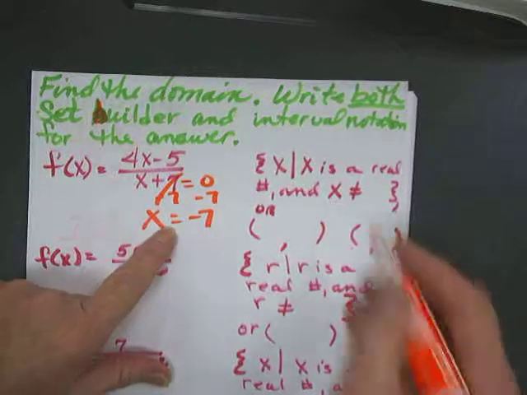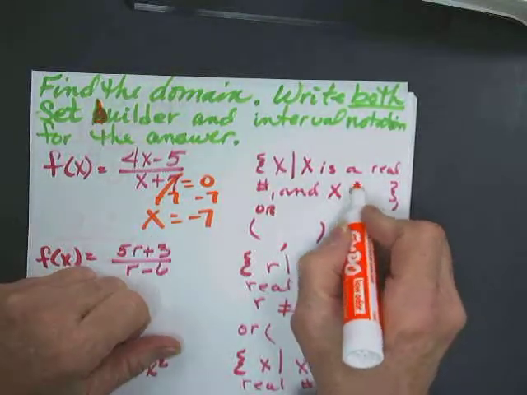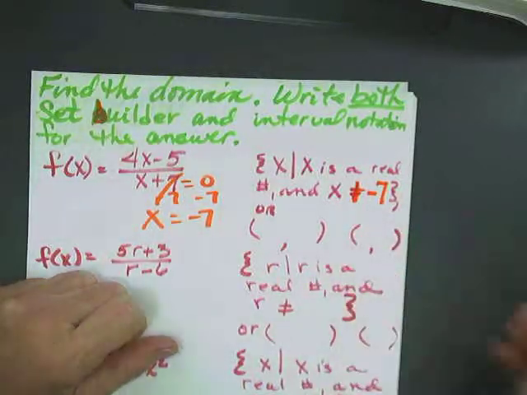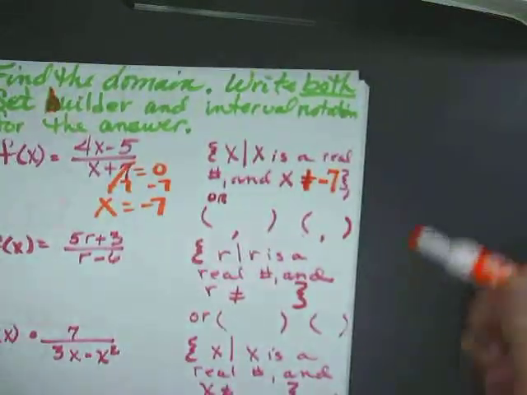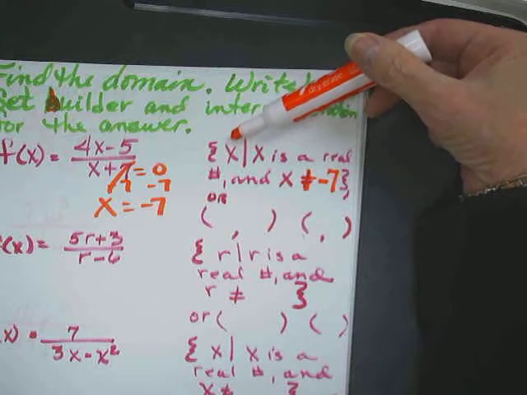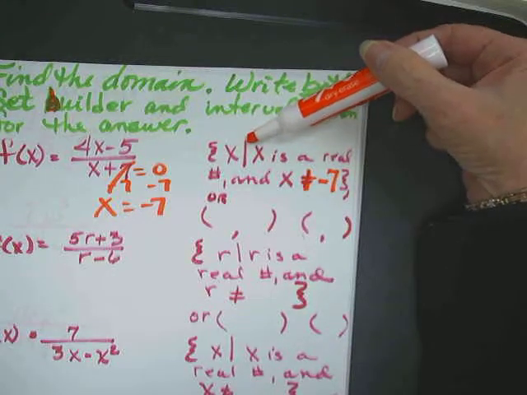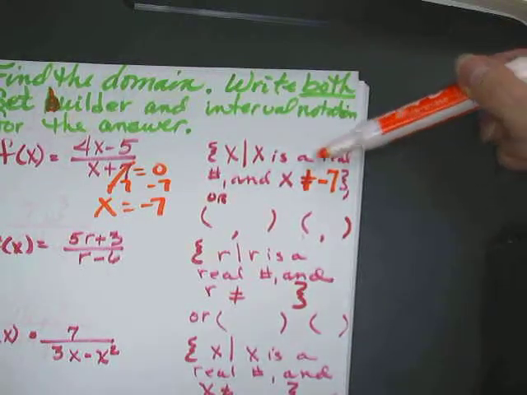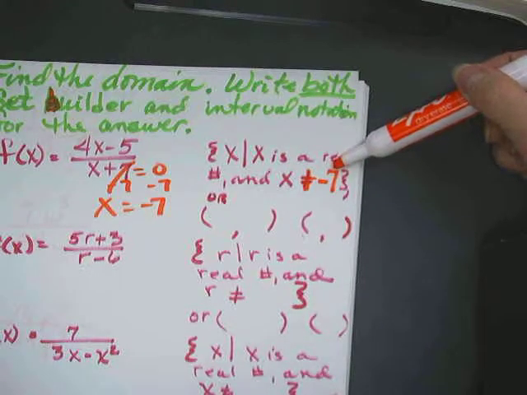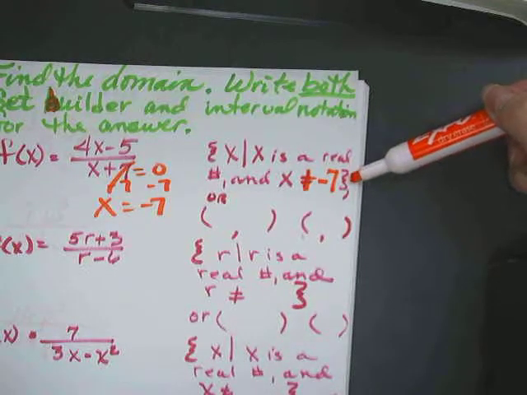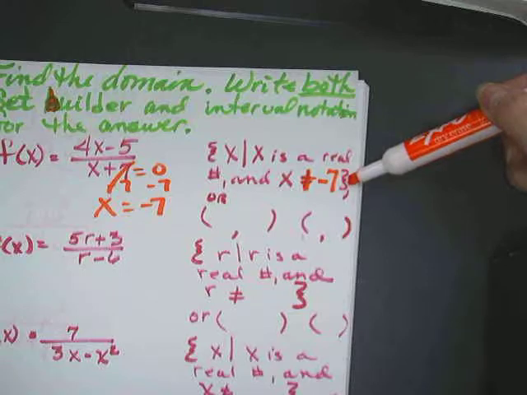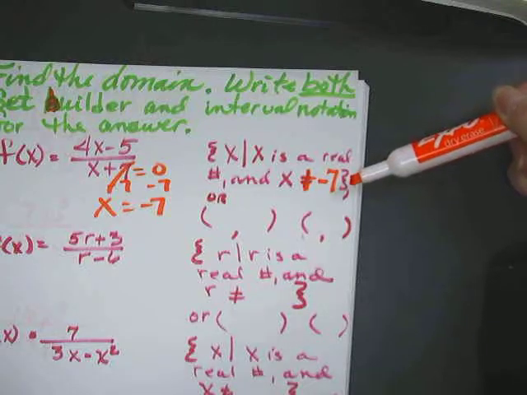Okay, X can't be -7 because it'll make it undefined. So X cannot be -7. Okay? So a set of numbers x such that x is a real number and x is not equal to -7. The squiggles around it make it set notation.